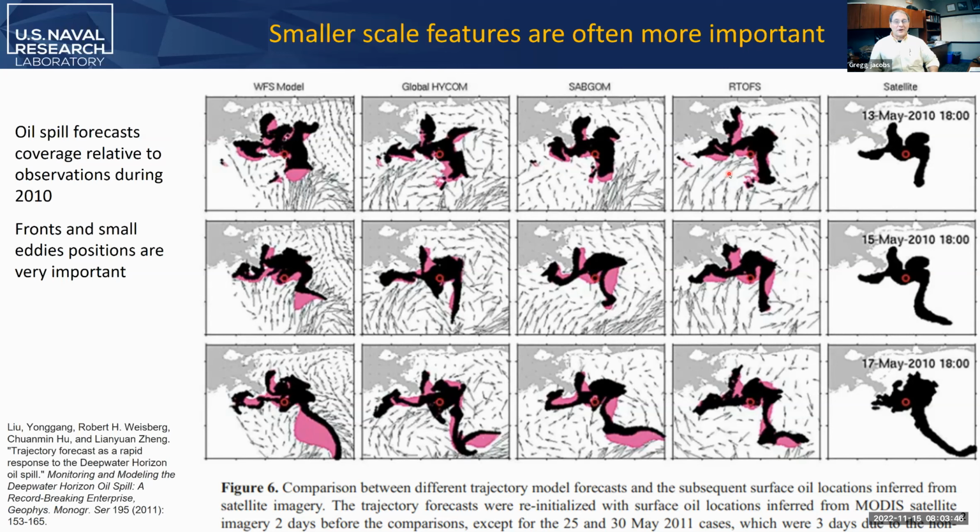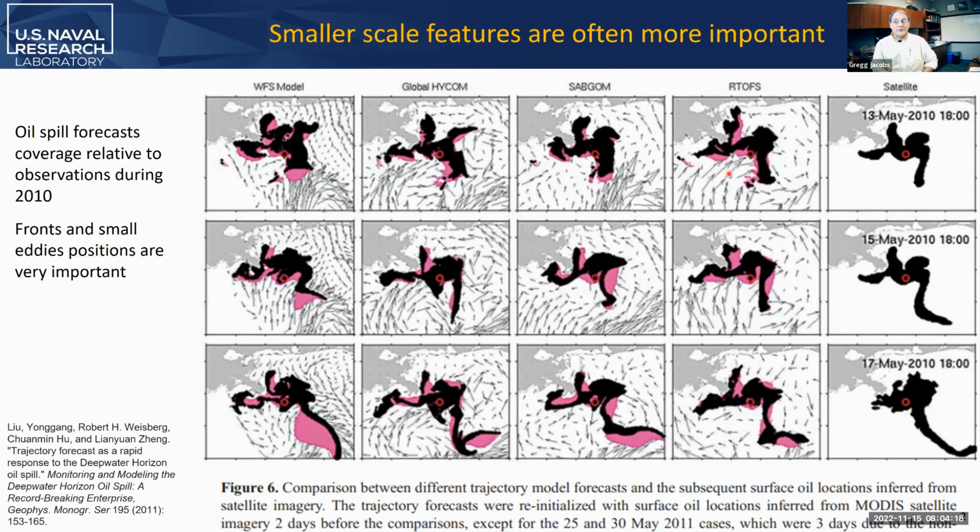None of them did a very good job. They all did relatively poorly. Every now and then one of them would get lucky and do a reasonable prediction, but there was a lot of discrepancy and dissatisfaction. These model forecasts were being used during the Deepwater Horizon event because the commander in charge of the whole cleanup had to determine where to position crews along the coastlines, where to position ships to skim oil.